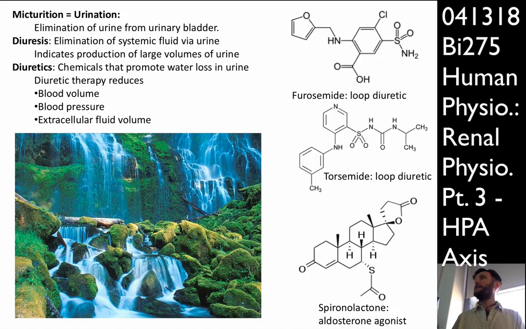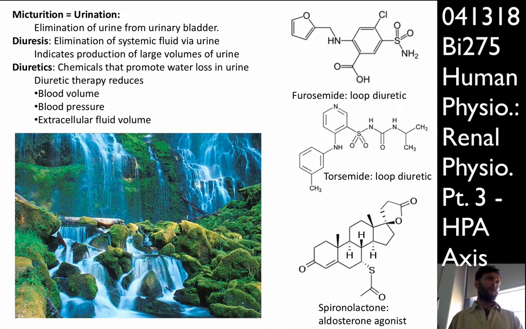So diuretic therapy is going to reduce the blood volume and thereby the blood pressure. And as that happens, water is going to come out of the extracellular space into the plasma to replace the fluid that's being drawn off. So it'll also reduce extracellular fluid volume.